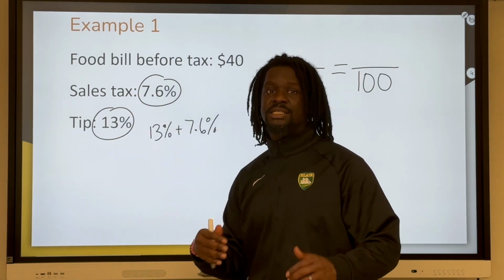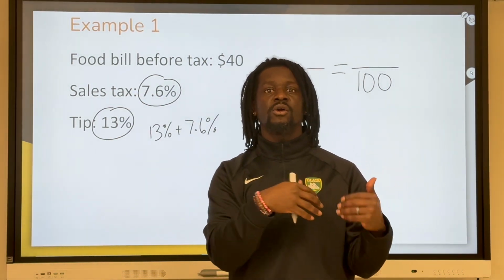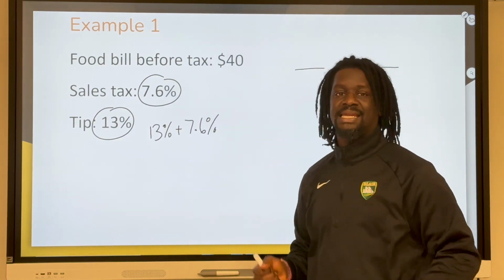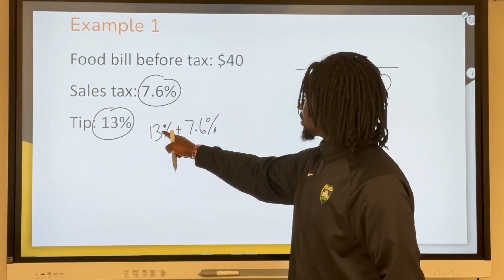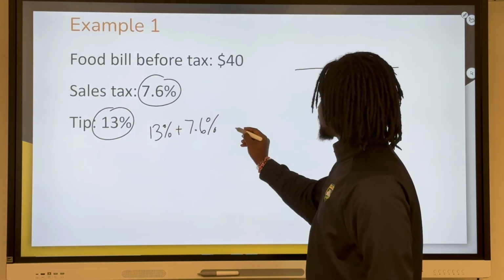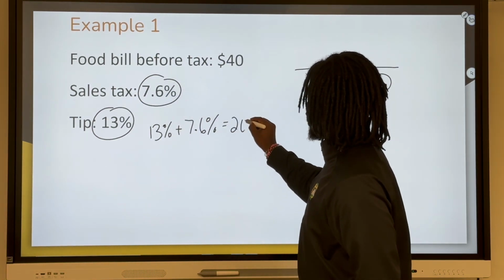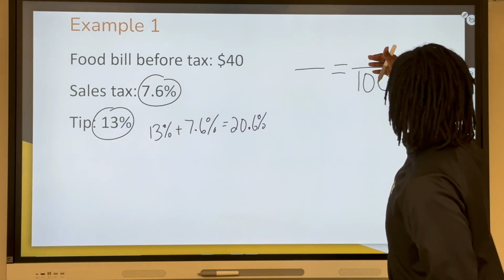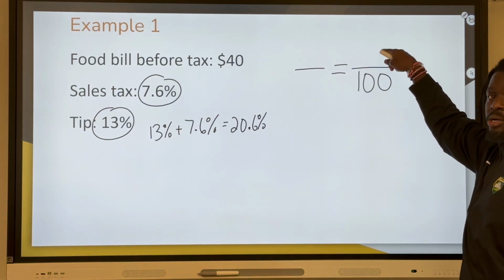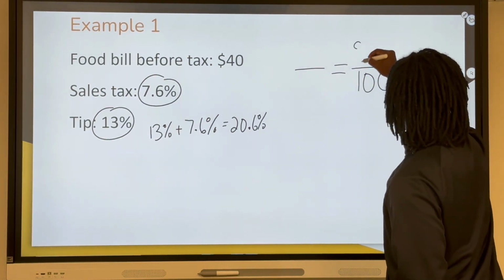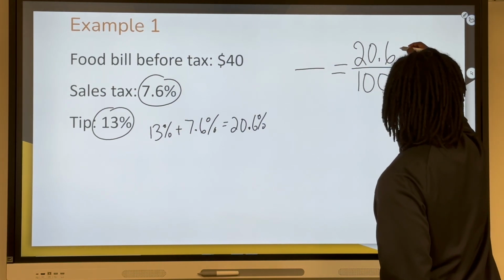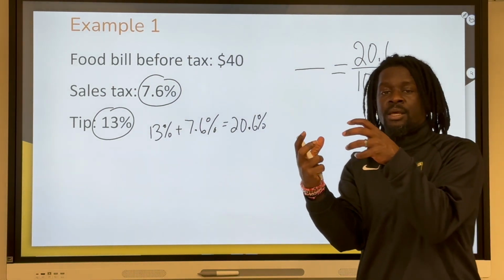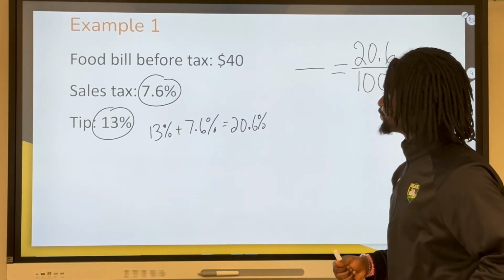Because I have to add both of these to the original price, I can just add these 2 together. So 13 plus 7.6 is going to give me 20.6%. So what I'm going to put as my R, which is my rate, is 20.6, because that is the percent of them added.